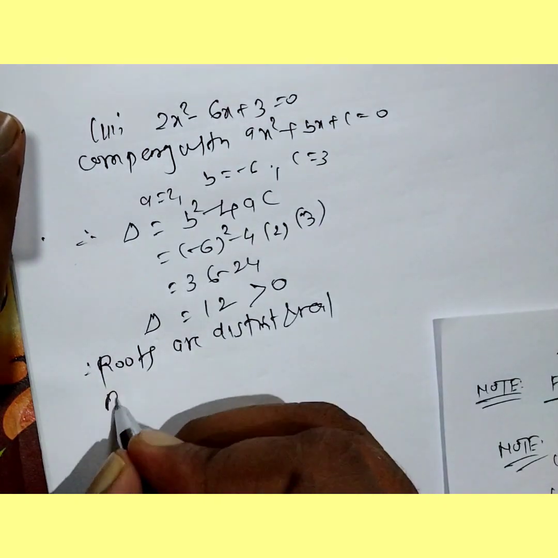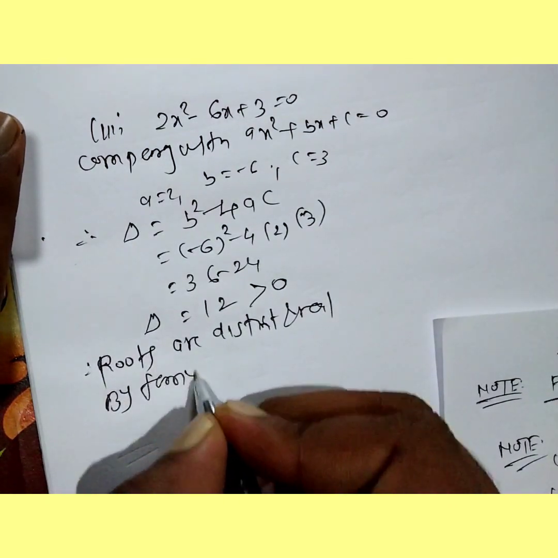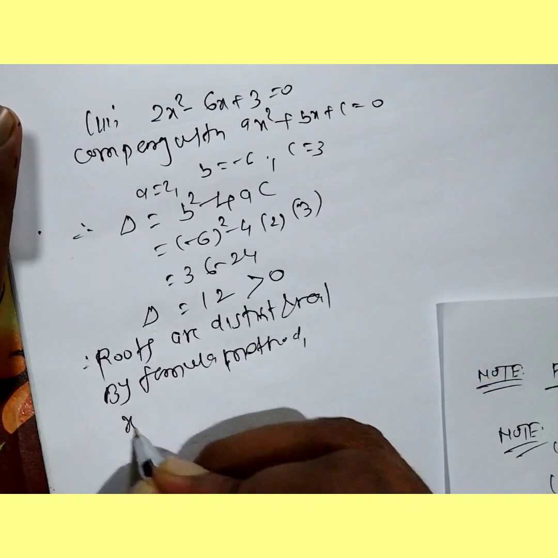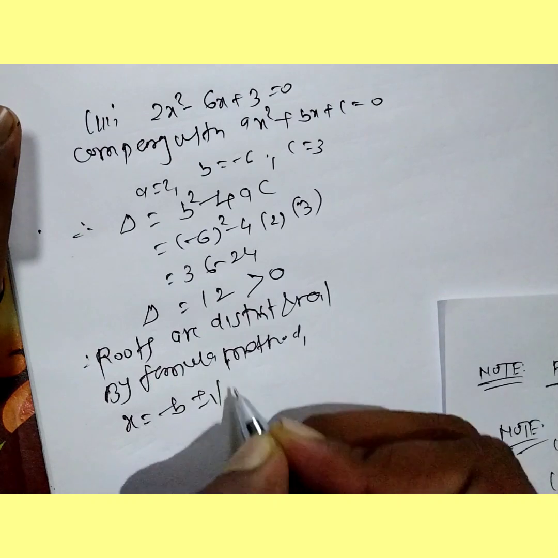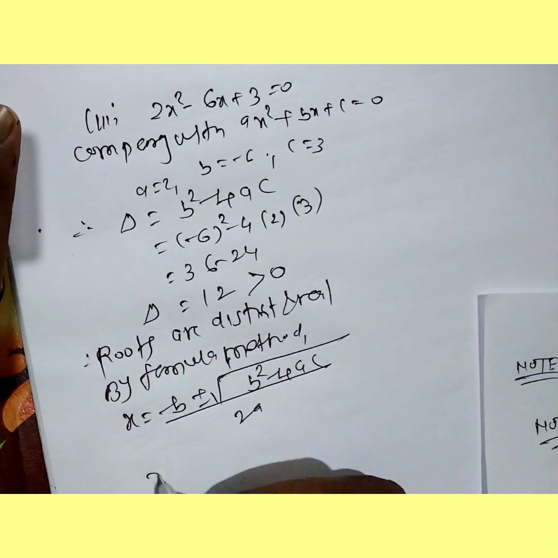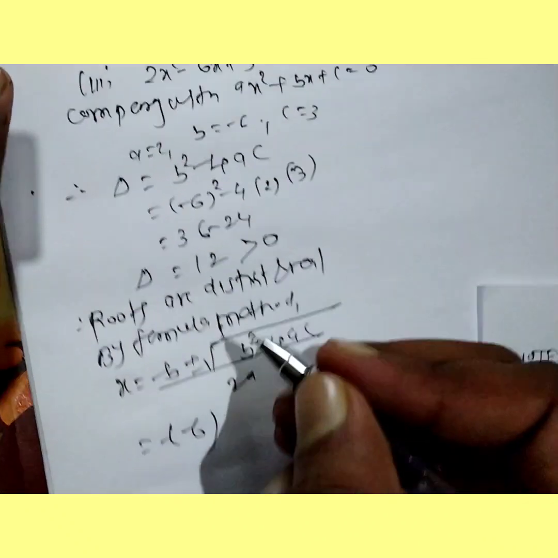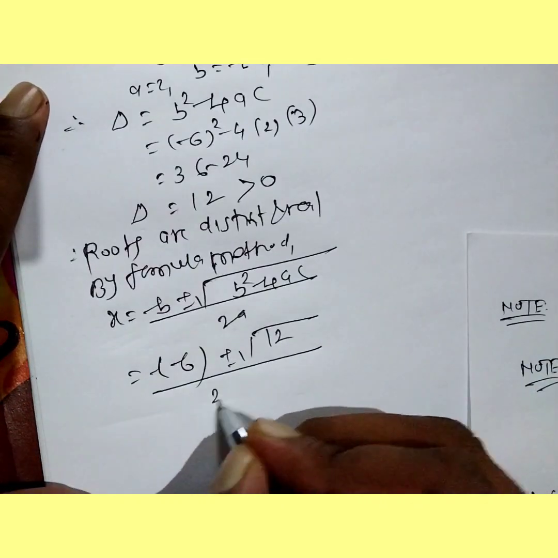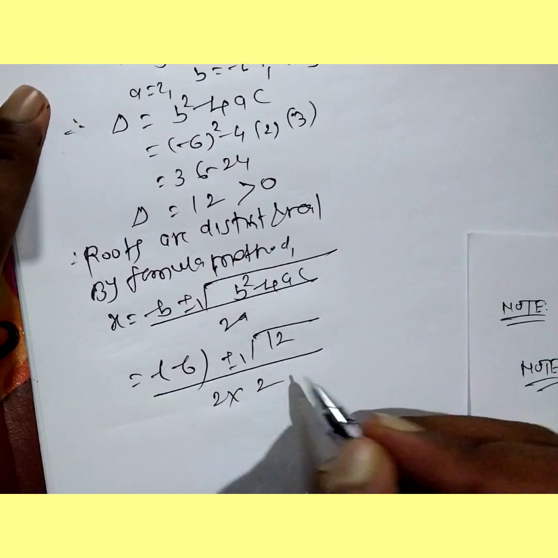So now we'll apply the formula method. So what is the formula? x is minus b plus minus root of b square minus 4ac upon 2a. So that is minus b, this is, you can see, minus 6, so 6 plus minus root of this part, which is 12, upon 2a, a is equal to 2.